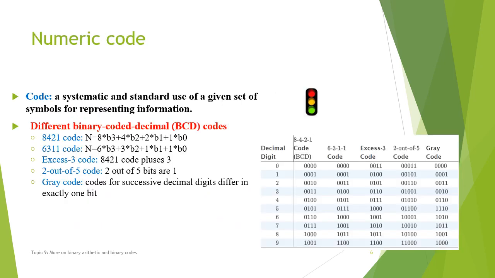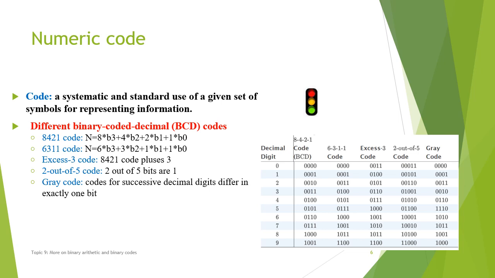Next, let's talk about some basics about numeric code. So there is an essential difference between a code and a number. Okay. A number has magnitude. We can compare two numbers. But a code is just a systematic and standard use of a given set of symbols for representing information.